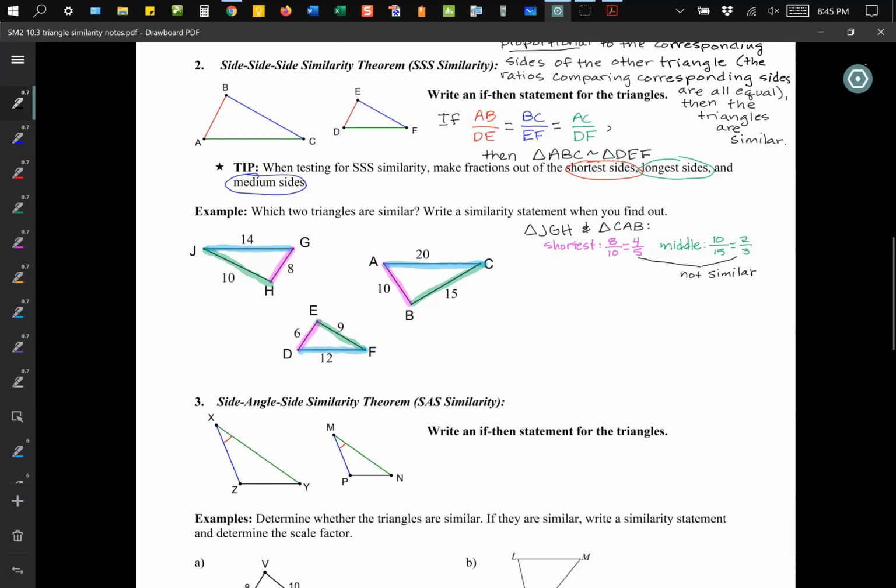Let's try triangle ABC and triangle, let's see, I went across the pink and then the green. So DEF.